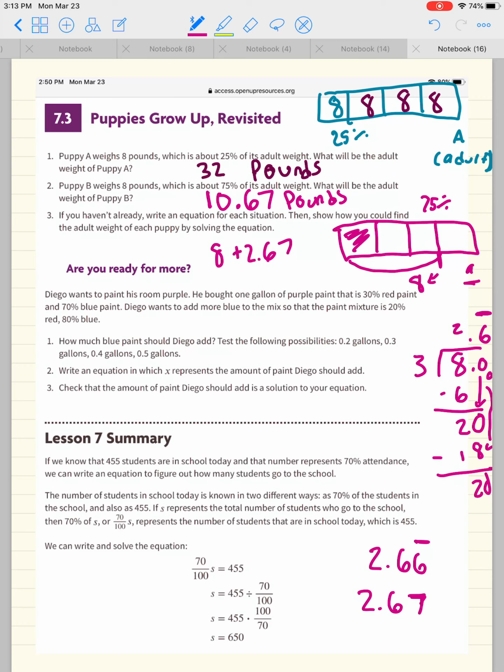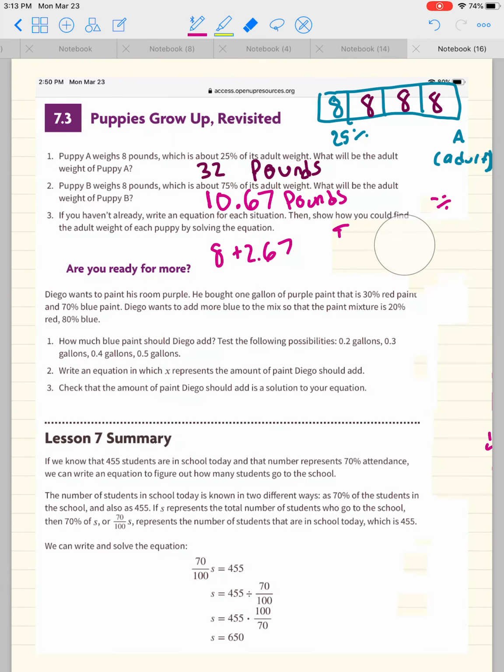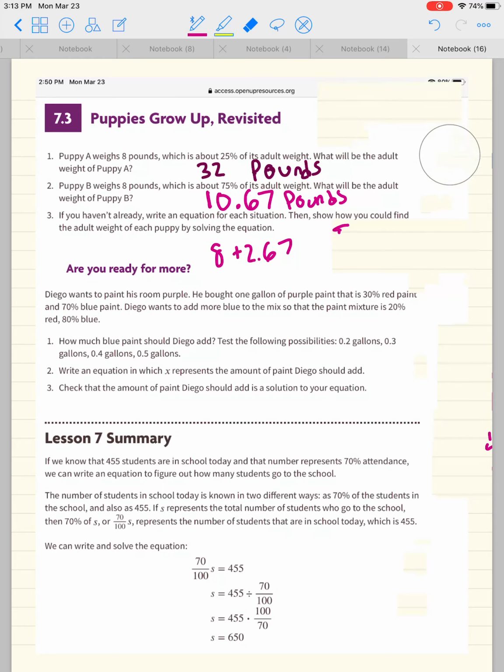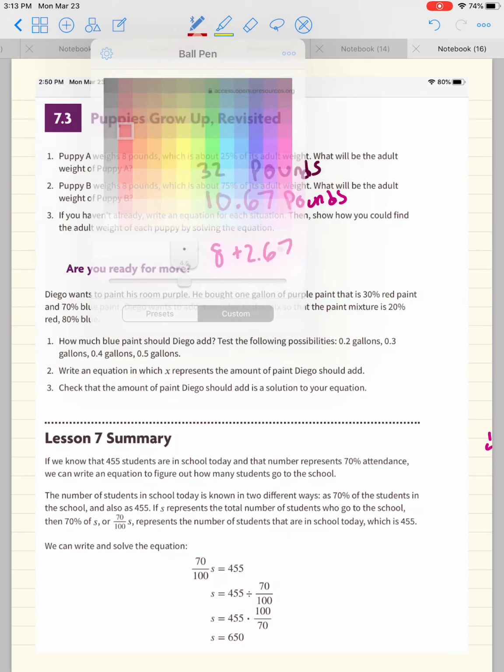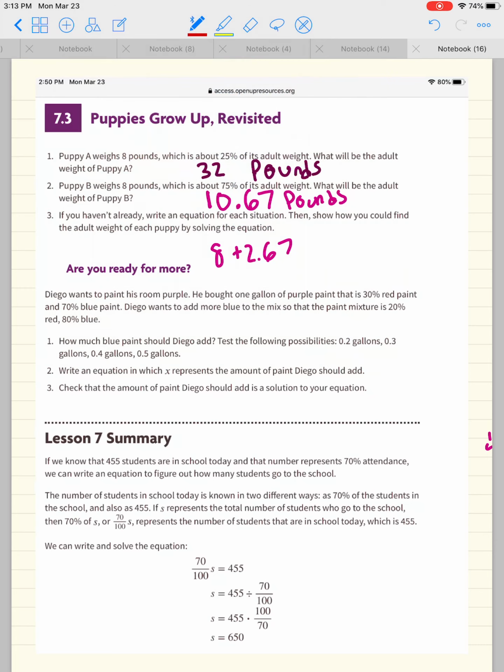All right, number 3. If you haven't already, write an equation for each situation. Then show how you could find the adult weight of each puppy by solving the equation. Okay, I'm going to go ahead and erase all those tape diagrams that I drew. Okay, an equation for number 1.